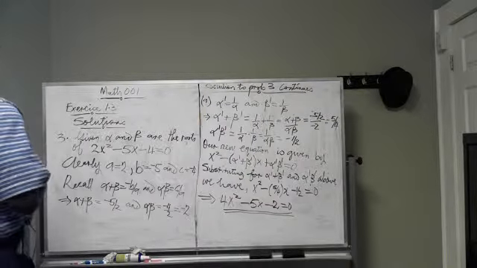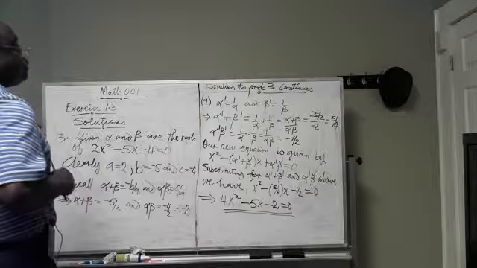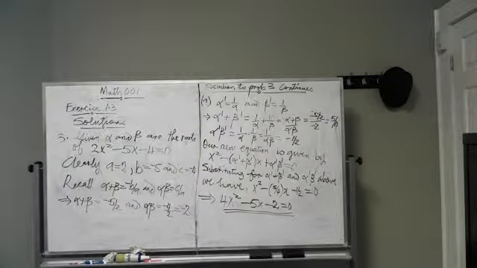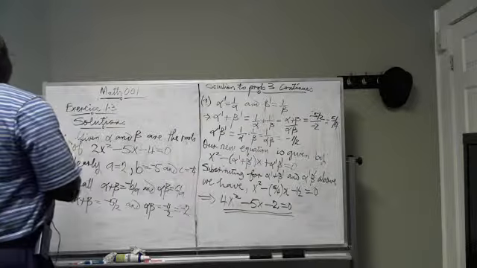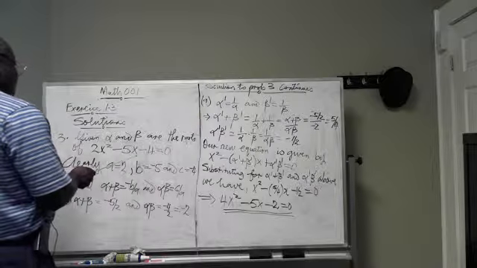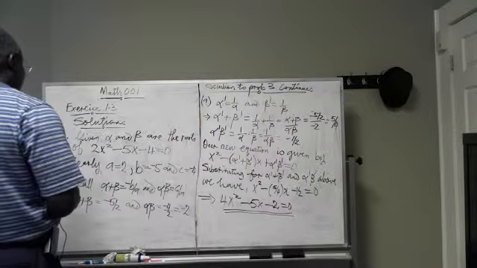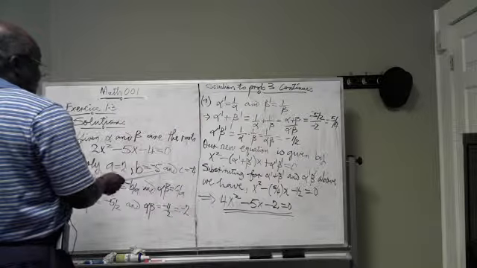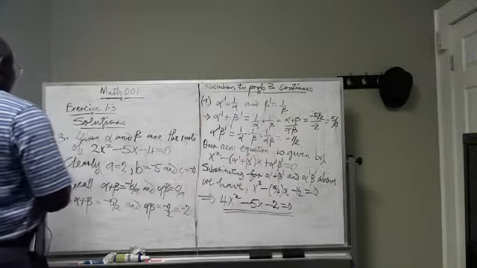So given alpha and beta are the roots of 2x squared minus 5x minus 4 equals 0, clearly a equals 2, b equals minus 5, and c equals minus 4.